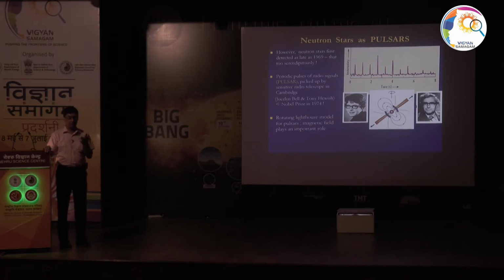could cause this signal? They said maybe it's a rotating white dwarf, and then you can show that certain properties of these signals were such that the white dwarf model will not fit. Then they said it could be two objects going around each other, and that this periodicity corresponds to the rate at which they are revolving around each other.